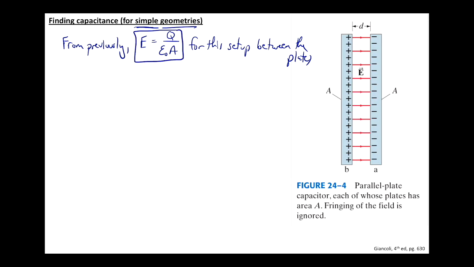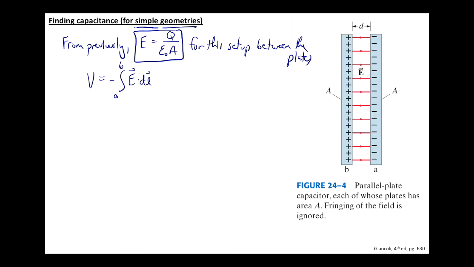And we also know that the potential is equal to minus the integral of E dot dl from some point A to some point B. You will notice over on the diagram, they've labeled the right plate as point A and the left plate as point B. So we're going to be integrating from right to left in that diagram.